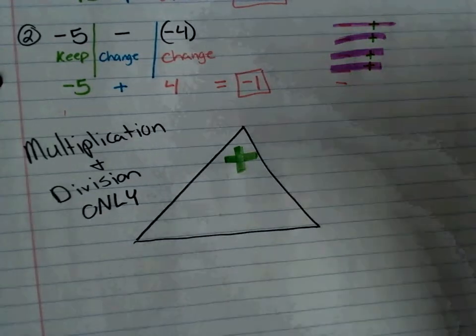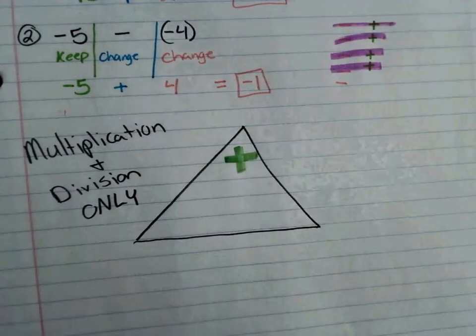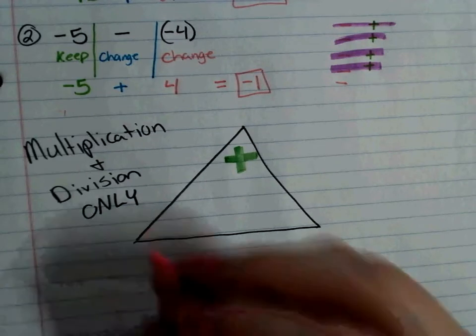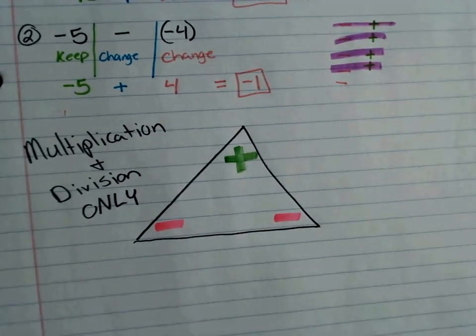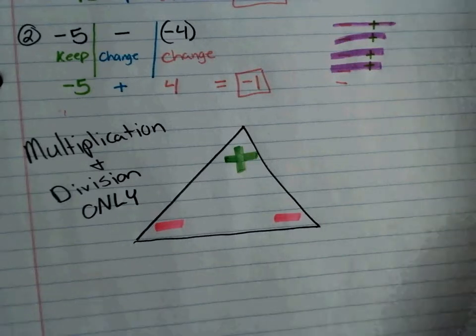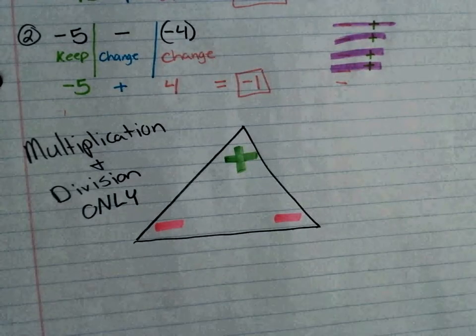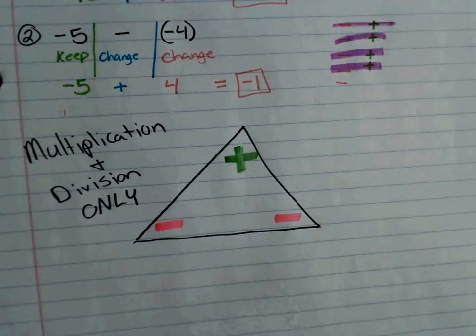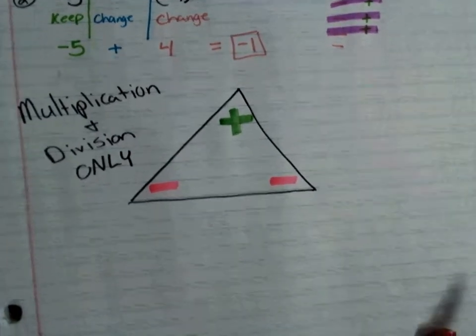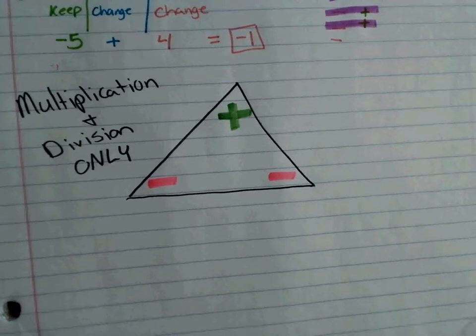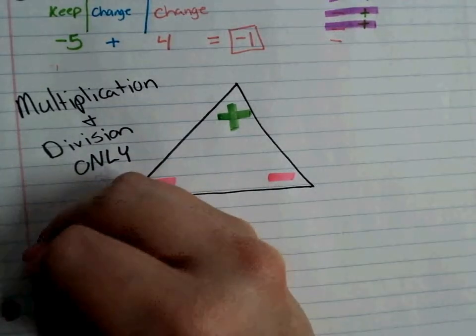With multiplication and division, you've got a positive symbol at the top of the triangle, and then the bottom two corners of the triangle, you've got negative symbols. What this indicates is that when you're multiplying numbers together, you hide the signs that you're multiplying with, and the sign that's remaining is the answer.